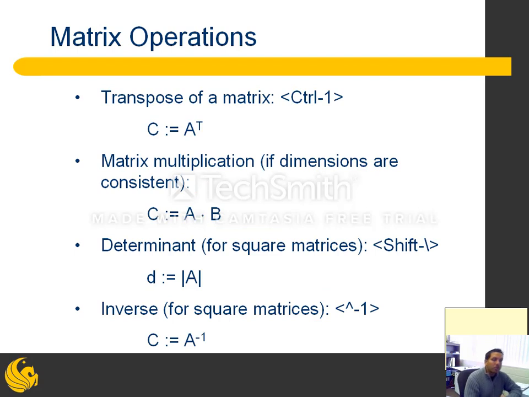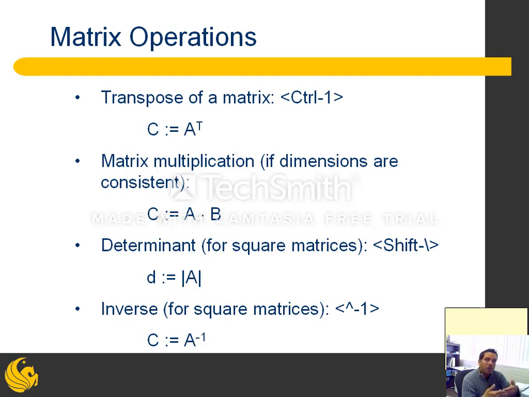I can also transpose a matrix very easily, and that is not to the power of T. Be careful with that. Ctrl+1 will automatically call the transpose operation. We can multiply two matrices, remember, only when the dimensions of the two matrices allow for it.